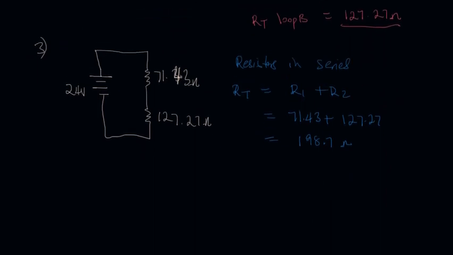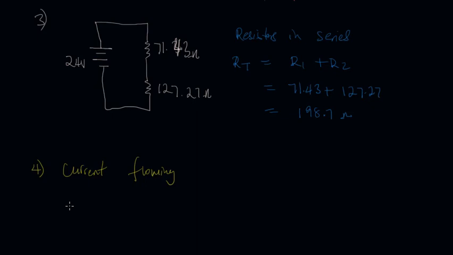Now to find the current flowing in a circuit, if you remember from Ohm's law, we know that for a resistor at a constant temperature, the current flowing in the circuit is directly proportional to the voltage drop across the resistor and inversely proportional to the resistance of the resistor.